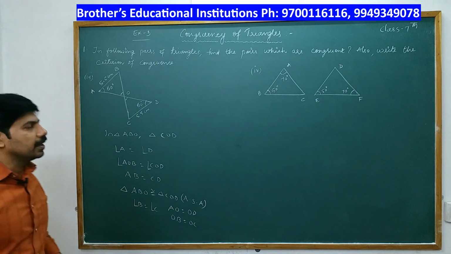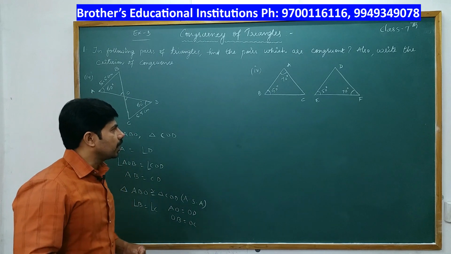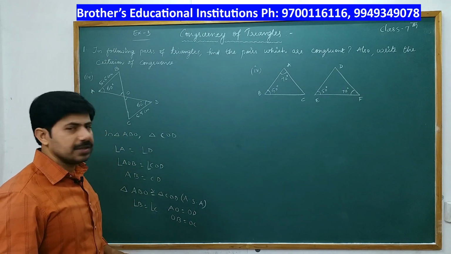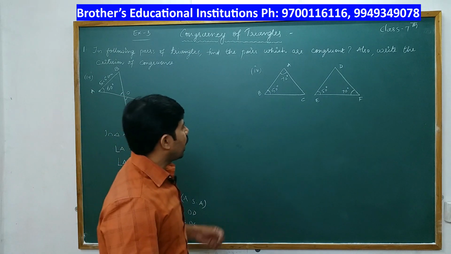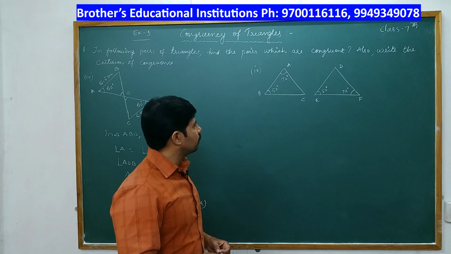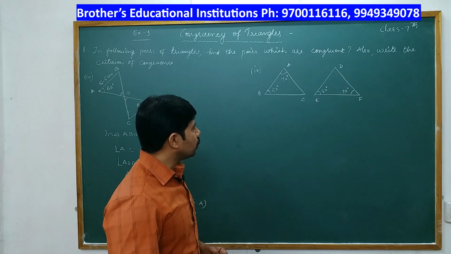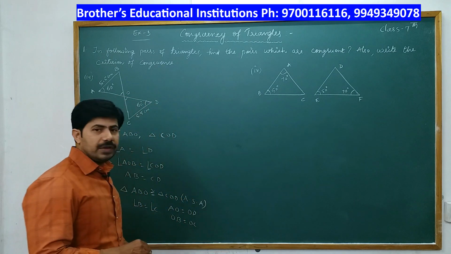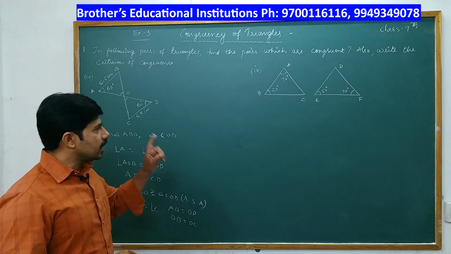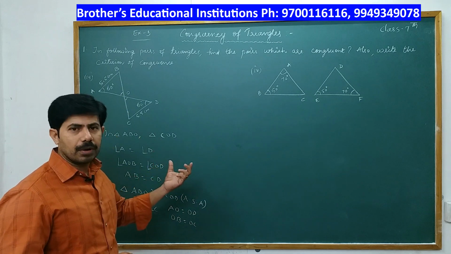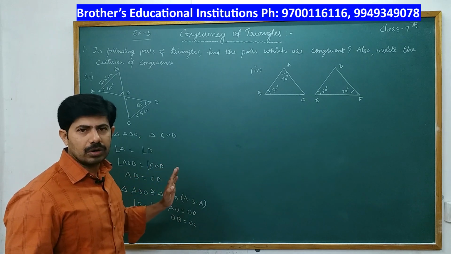This is completed. Next problem, triangle ABC and triangle DEF. See, in this what we observe is angle A is equal to angle F, angle B is equal to angle E. But in order to prove the triangles congruent, we need an included side. As the included side is not given in the problem, these two triangles are not congruent.